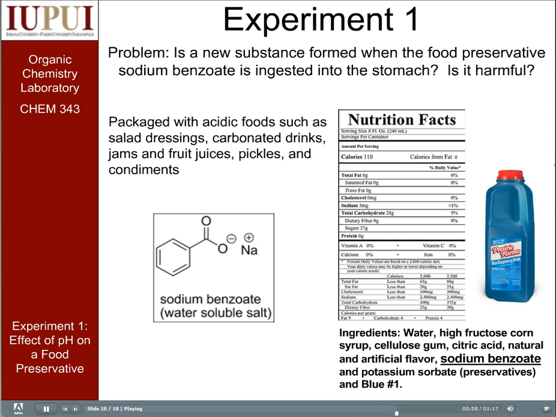I brought out the blue drink from Prairie Farms. That thing contains sodium benzoate, as you can see underlined in the ingredients there. So knowingly or unknowingly, you've probably ingested it. What happens when this water-soluble organic salt, sodium benzoate, is ingested?